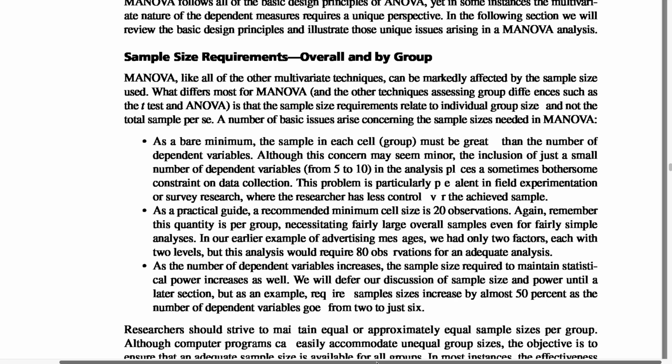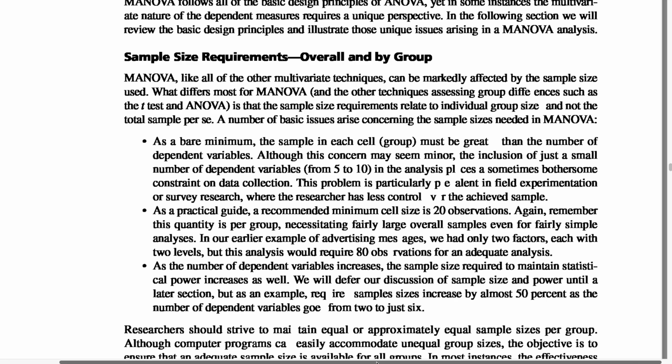As a bare minimum, the sample size in each cell must be greater than the number of dependent variables. Although this concern may seem minor, the inclusion of just a small number of dependent variables, from 5 to 10, in an analysis places some constraint on data collection. The problem is particularly acute in field experimentation or survey research, where the researcher has less control over the achieved sample. As a practical guide, a recommended minimum cell size is 20 observations.